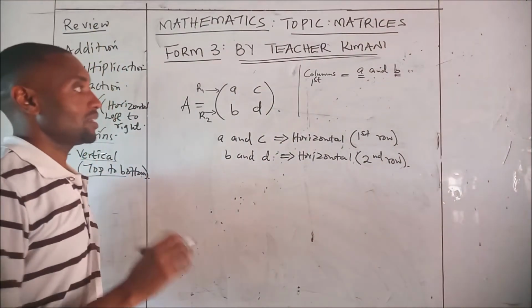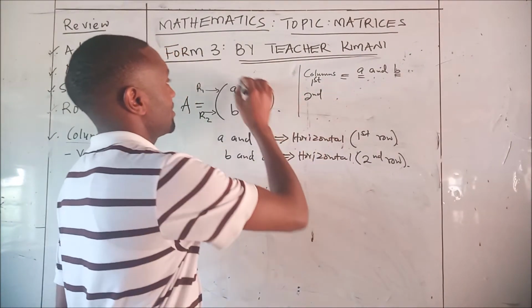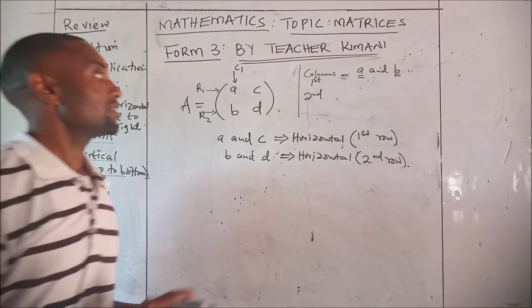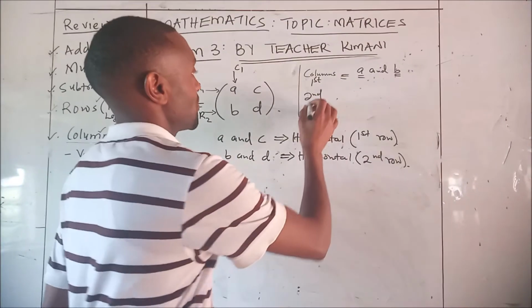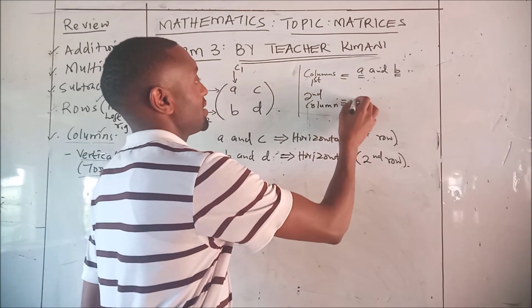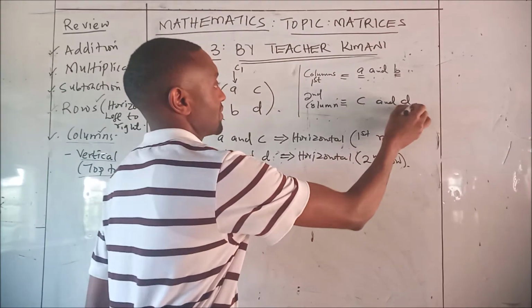So our second column will be which one? It will be made by C and D, those two.